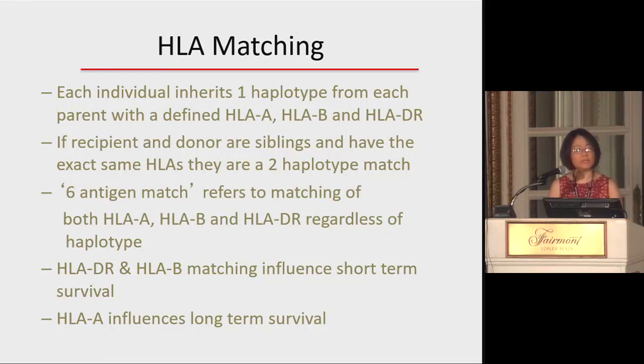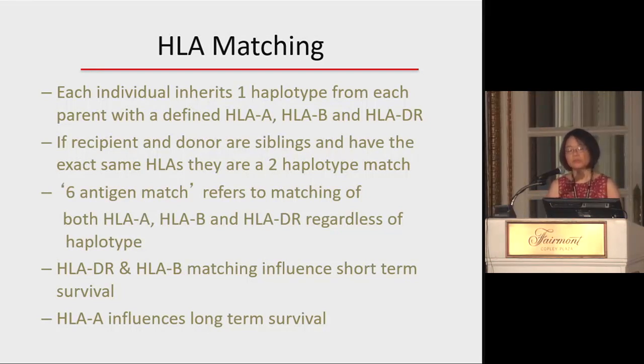That's not to say that HLA-C, DP, and DQ aren't immunogenic, but they don't cause hyperacute rejection, and their significance in terms of long-term graft survival is still being debated in the literature. So HLA-DR and B matching does influence short-term survival, and HLA-A is thought to more influence long-term survival.